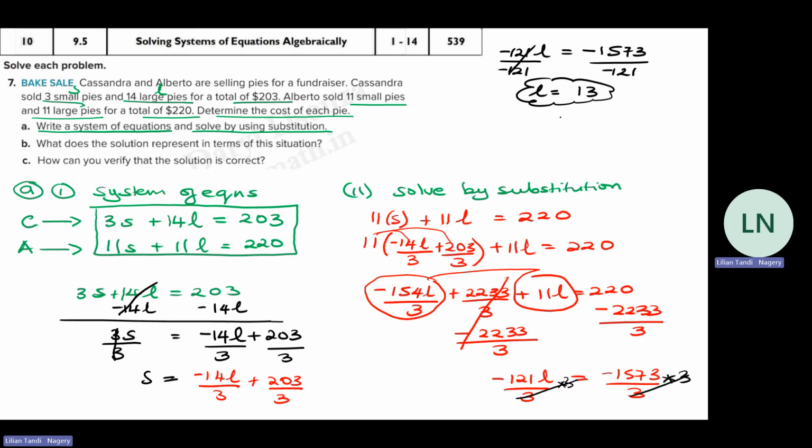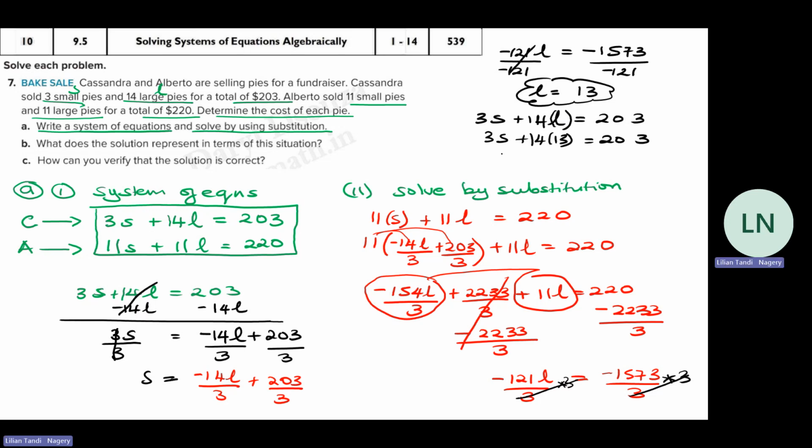Okay? Then with that, I can use either equation. So I'm going to use the first equation. I'm going to say 3S plus 14L equals 203. But I know L. So 3S plus 14 times 13 equals 203.